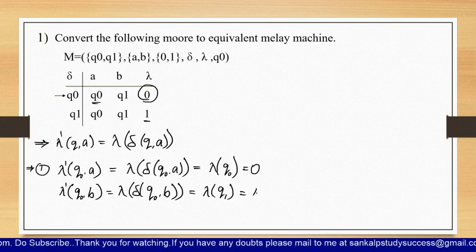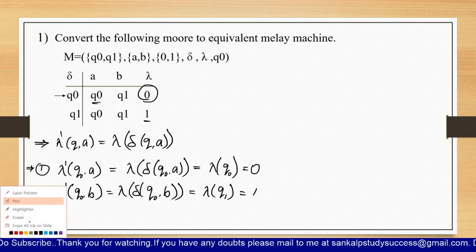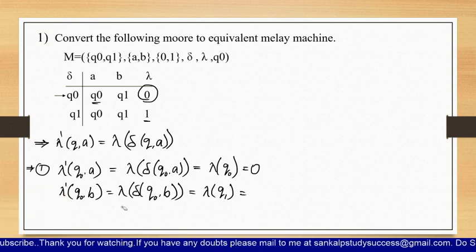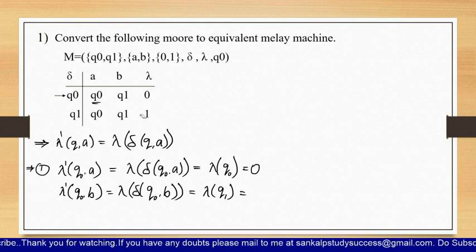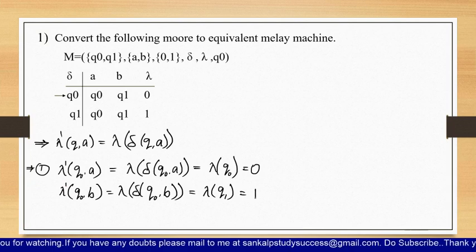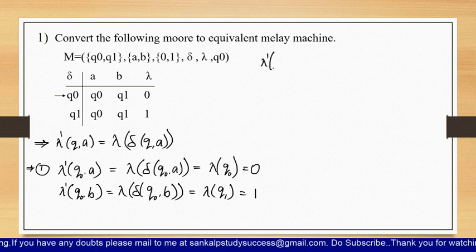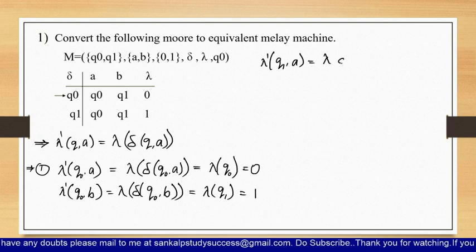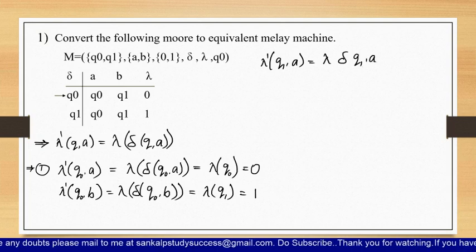So let us write 1 here. That means we are finding the output functions for Q0 and Q1 by applying the input symbols A and B. Now let us also find out lambda dash for Q1, that is lambda dash of Q1 comma A. So it becomes lambda of transition function of Q1 comma A.